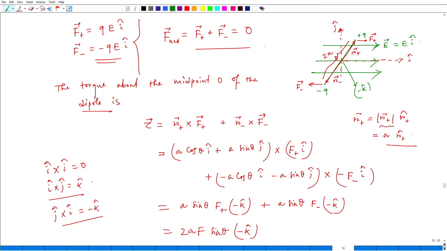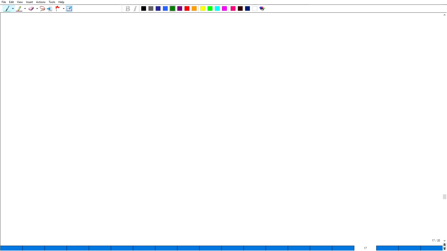This one is not 0. Here F is the same as F plus and F minus, so both charges feel equal forces, but the directions are different. The direction of the torque is into the page, or minus k cap.